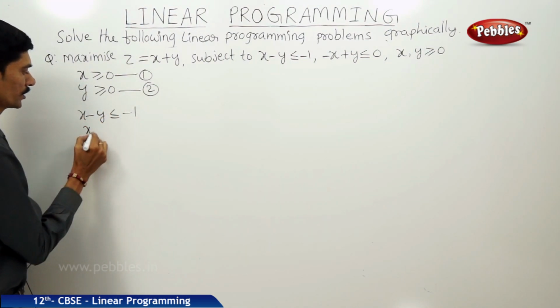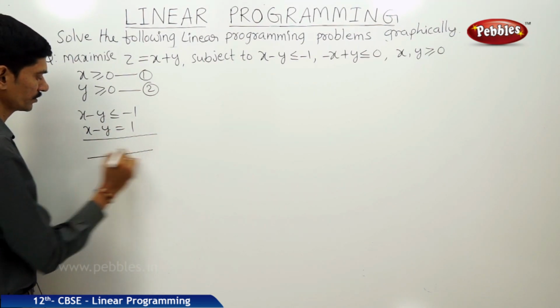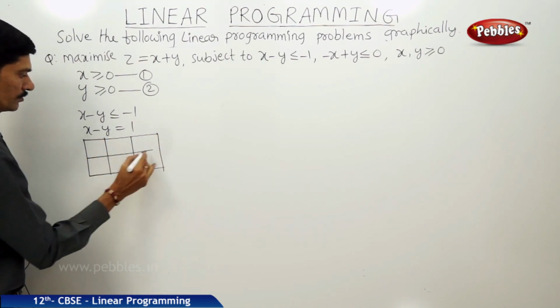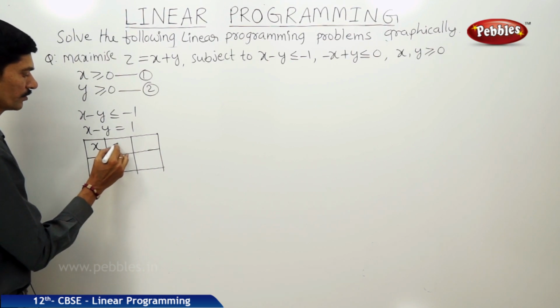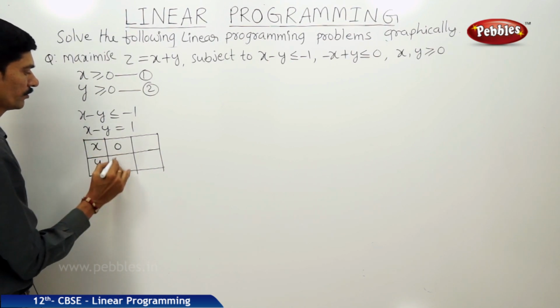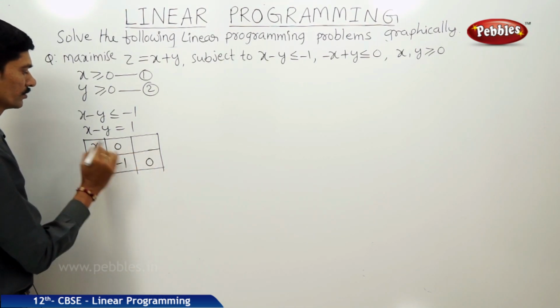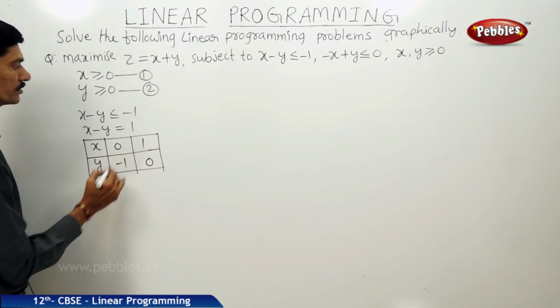For this take x minus y equal to 1, and a table of ordered pairs x, y: if x value is 0, then y value is minus 1; if y value is 0, then x value is 1.